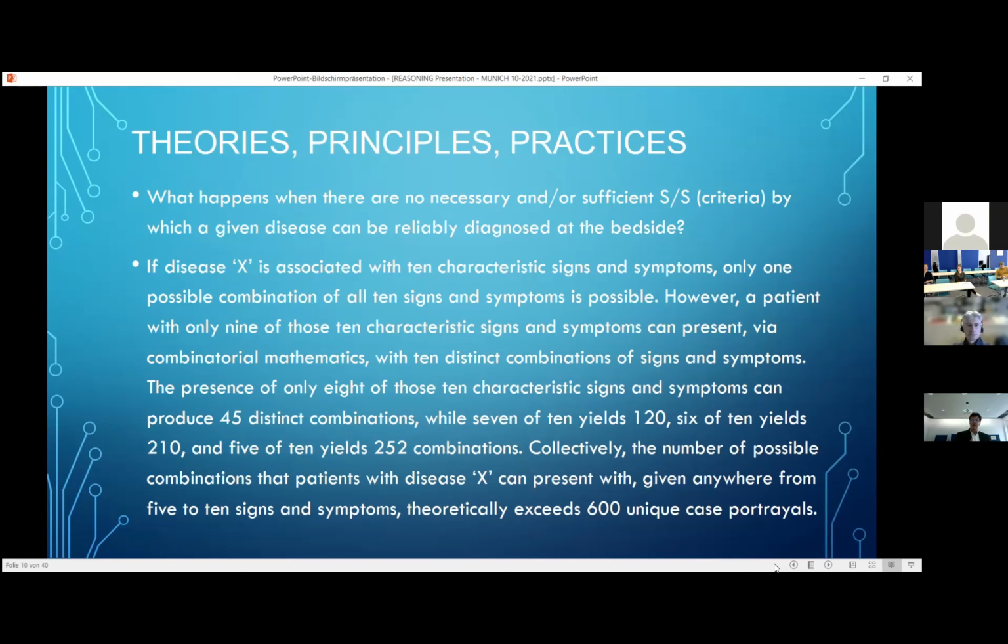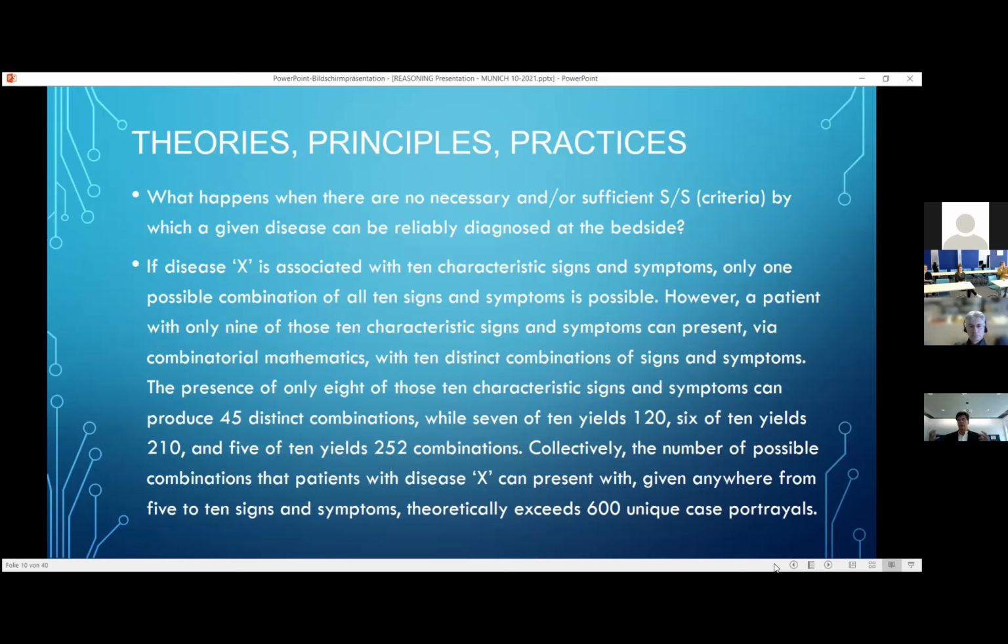If they only have 8 of those characteristic signs and symptoms, there's 45 combinations, while 7 yields 120, 6 of 10 yields 210, and 5 of 10 yields 252. So collectively, the number of possible combinations that patients with disease X can present with, given anywhere from 5 to 10 of these signs and symptoms, theoretically exceeds 600 unique case presentations.